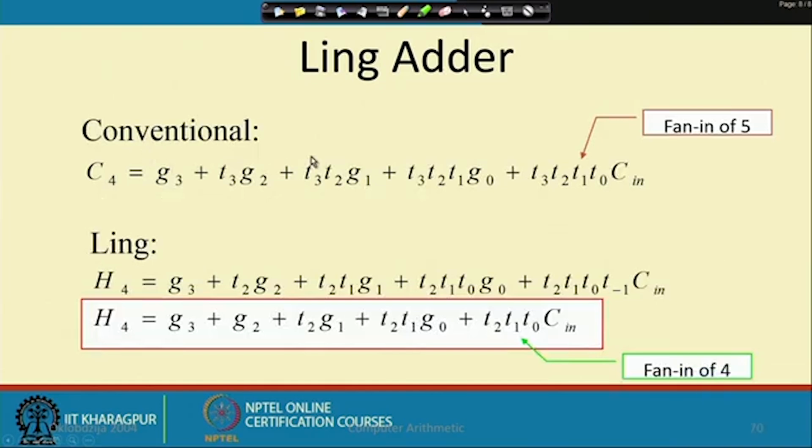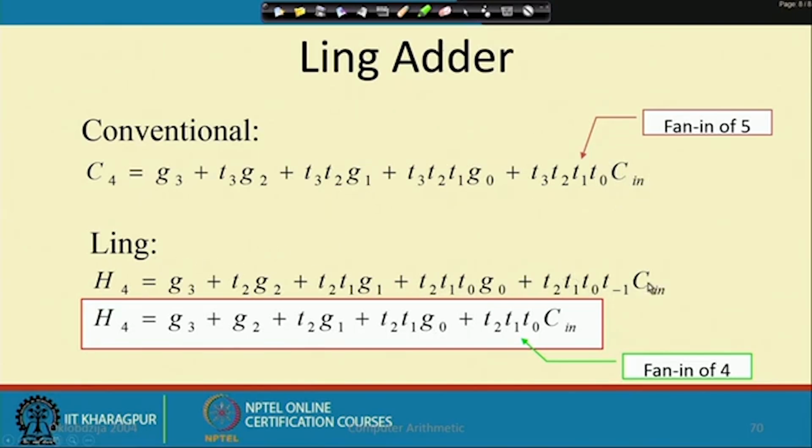So, in the conventional method, for C4, if I consider 4 bits, at the last term, if I replace P with T, I need T3, T2, T1, T0 along with Cin, which is the first carry input bit.